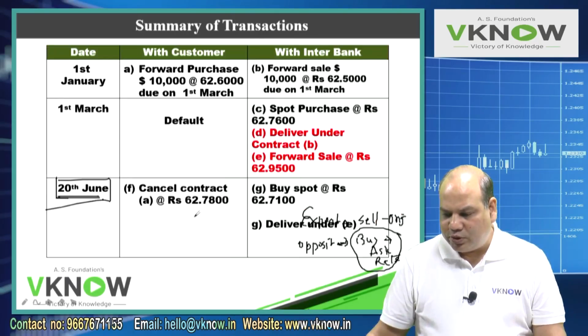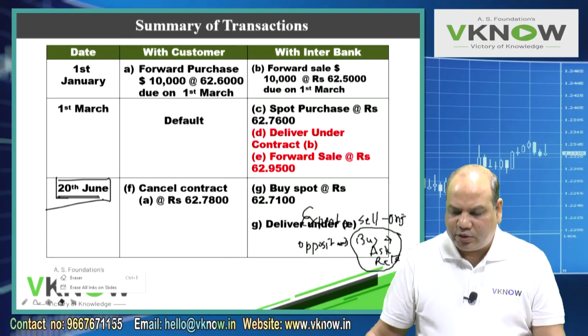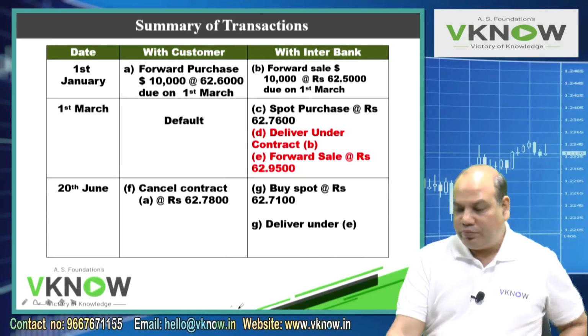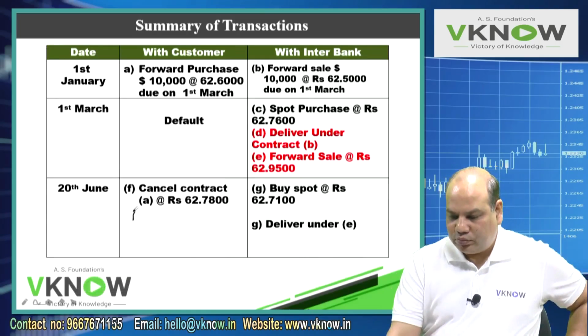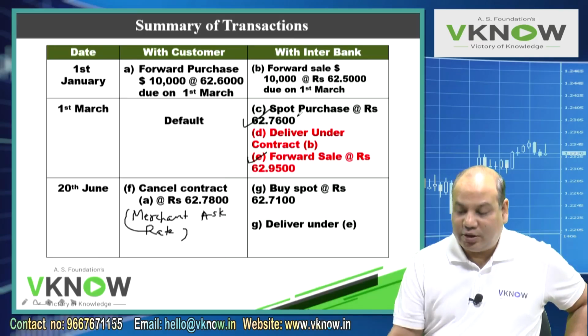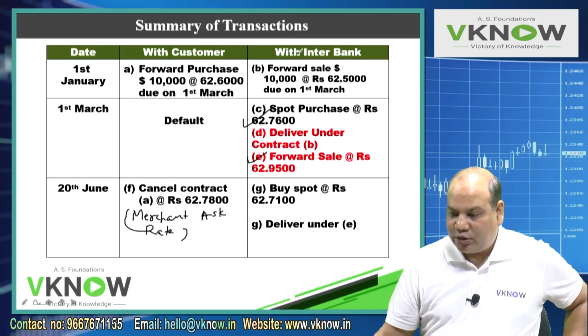So the answer will be 62.7800, the merchant ask rate. Whereas in these two cases, C and E, we had applied interbank rates. So interbank column, interbank rate, customer column, merchant rate.